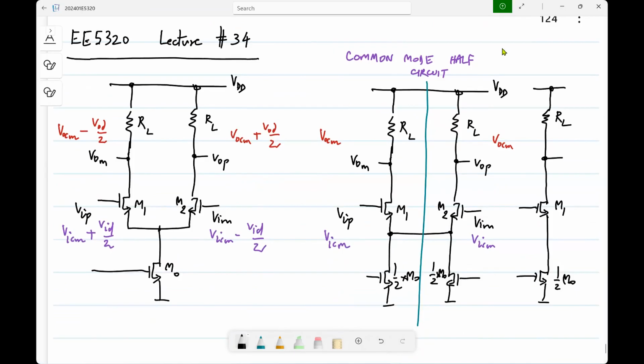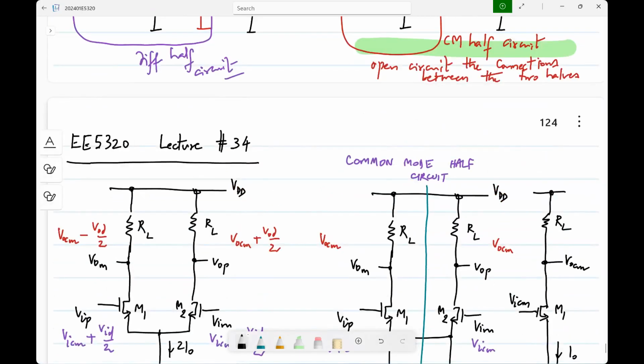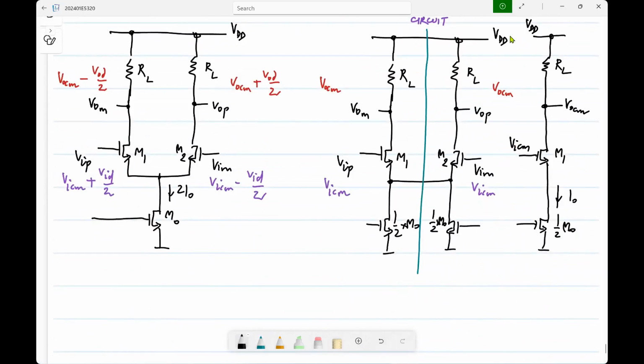So now, I mean, this is not at all complicated. So the current here will be I naught. If this was 2 I naught, the current there would be I naught. So the operating point voltage VOCM, what would that be? VDD minus I naught RL. Okay.